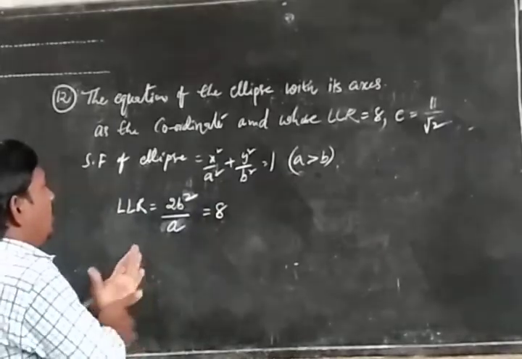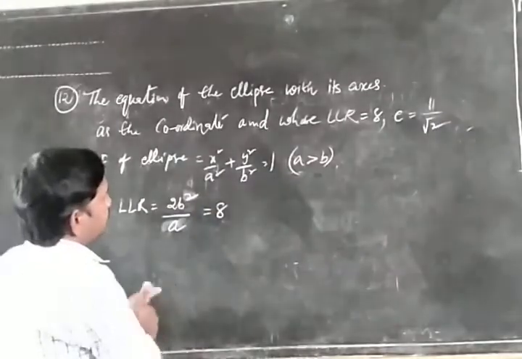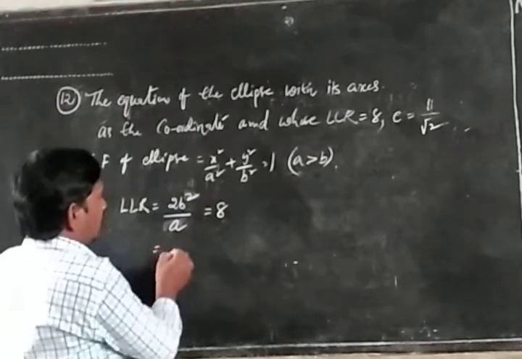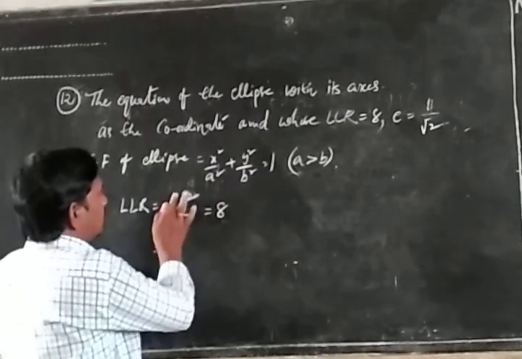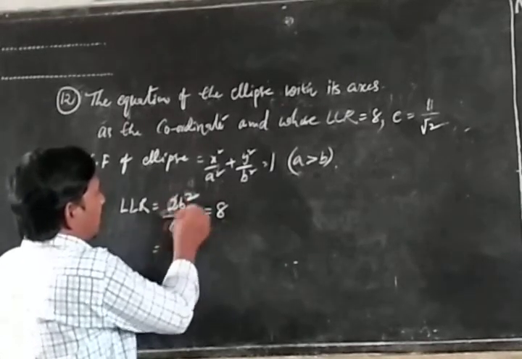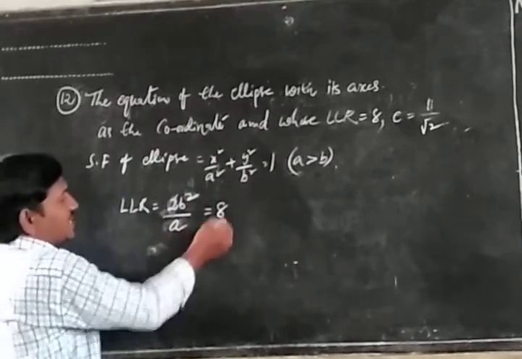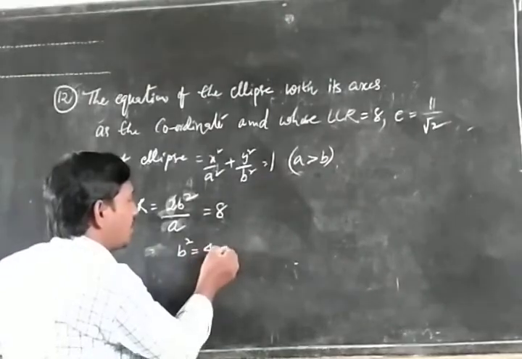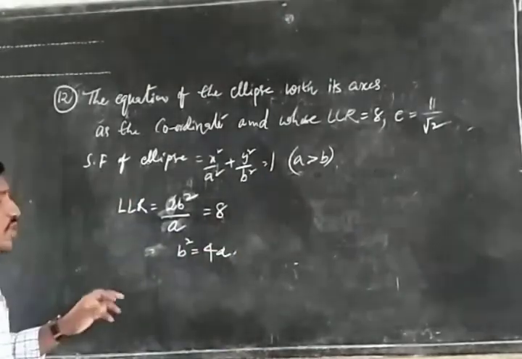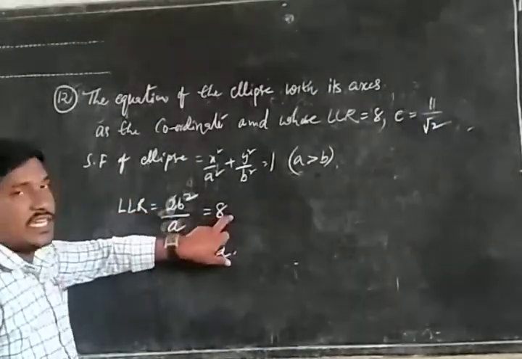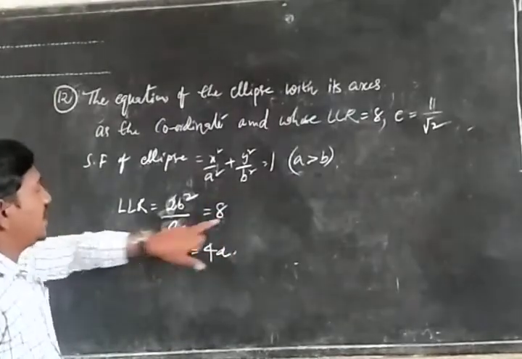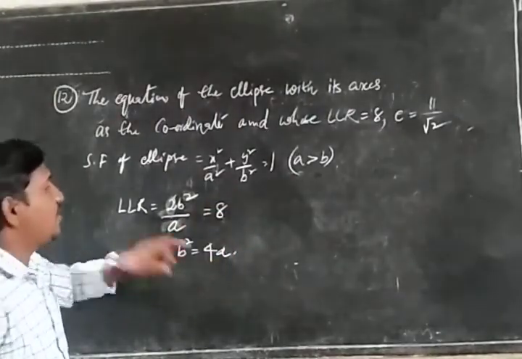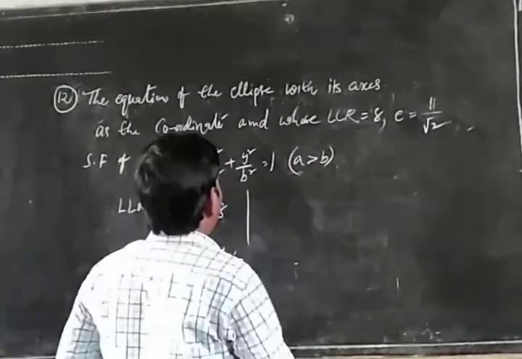Now 2 cancelling 8, 4 times, so b square equal to 4a. Why? Because 2 cancelling 8 is 4 times, and the denominator a transposes to the numerator.